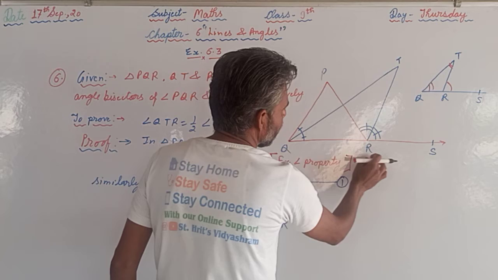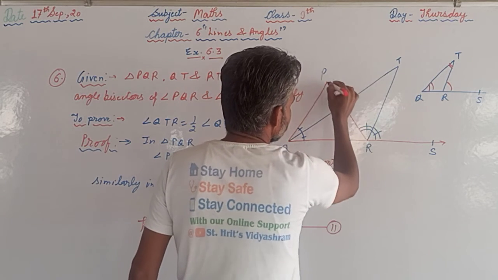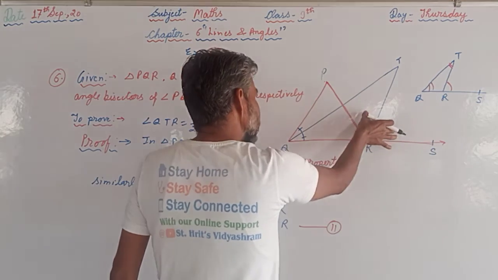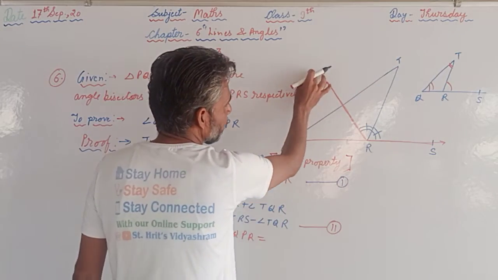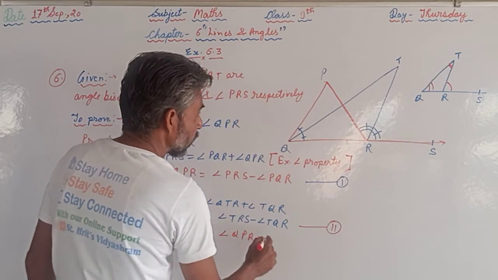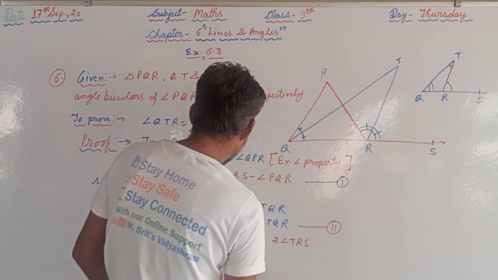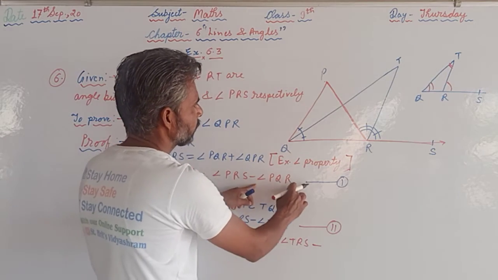PRS is twice angle TRS, because this is the whole angle and these are the same angles. This is the angle bisector. So in place of angle PRS we can write twice angle TRS, and then minus PQR.